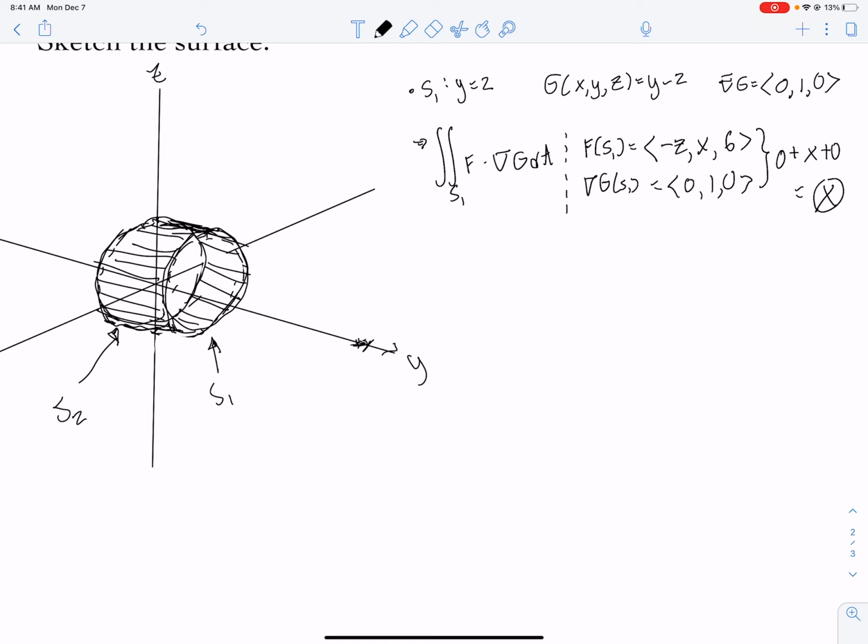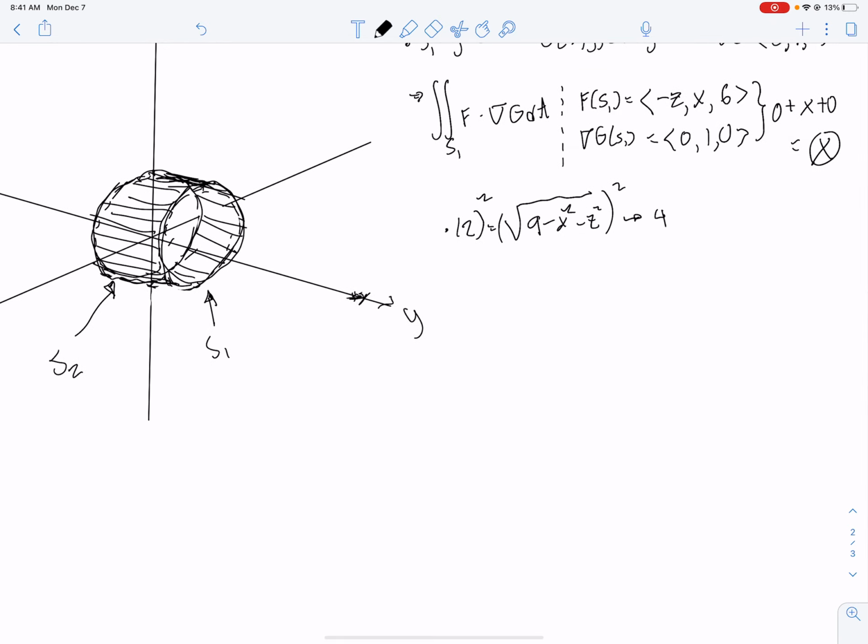So then we can find our bounds of integration by plugging in y equals 2 into our surface to find the point at which it's intersected. So we have 2 equals the square root of 9 minus x squared minus z squared. We're going to square both sides.